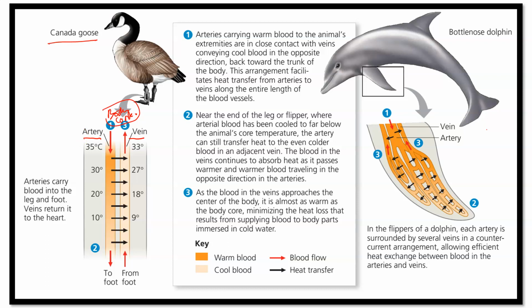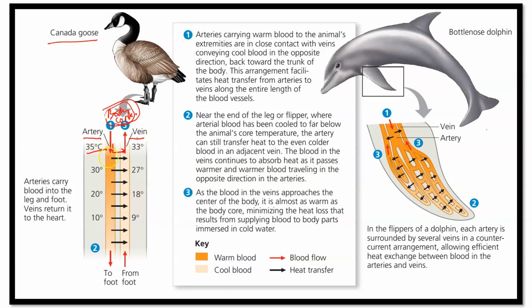body heat, metabolic heat. So the artery that brings blood from the body core, the temperature of the blood is high, around 35. So the heat from the artery will be transferred directly to the vein.